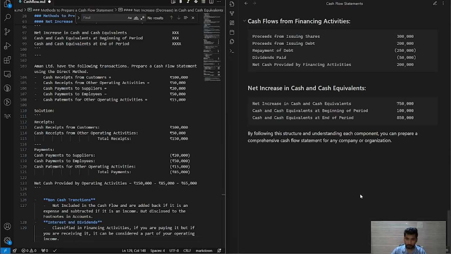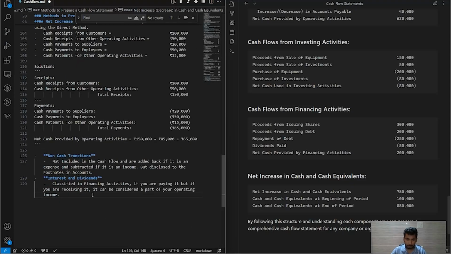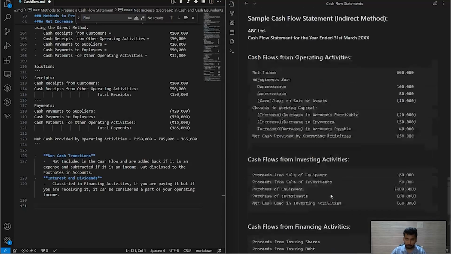Now, let us have a quick view of a sample cash flow statement using the indirect method.